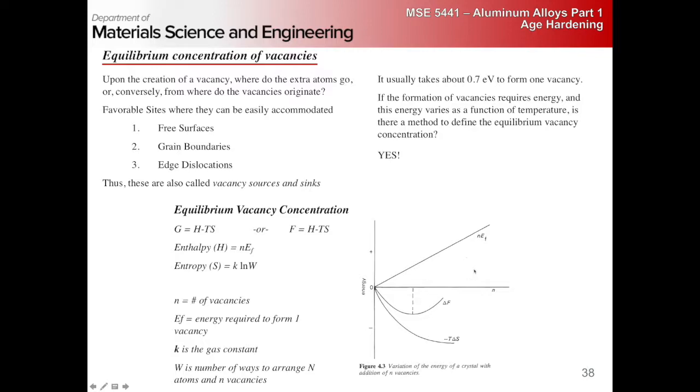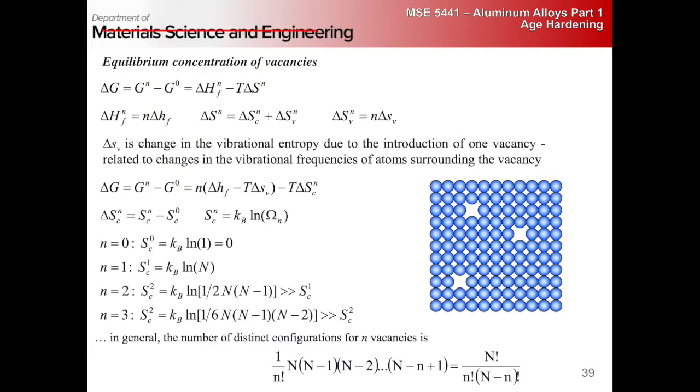We also went through that we have an equilibrium concentration of vacancies, which is the balance of the enthalpy term, the number of vacancies times the enthalpy of formation, and the change in entropy. The minimum of this free energy is our equilibrium vacancy concentration.